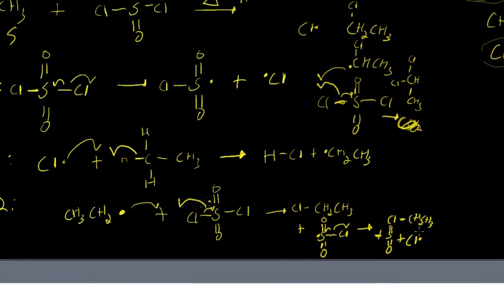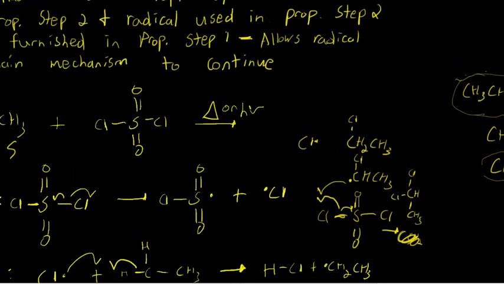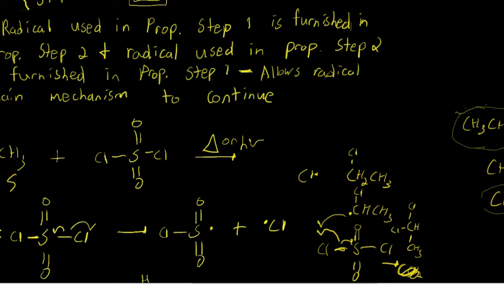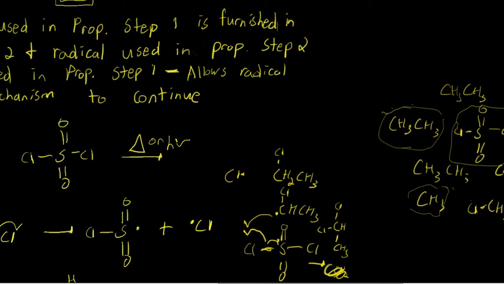So this does continue, and the chlorine radical furnished in propagation step 2 can react with compounds that you don't want it to. So just keep that in mind.